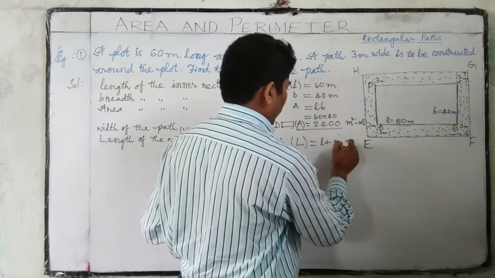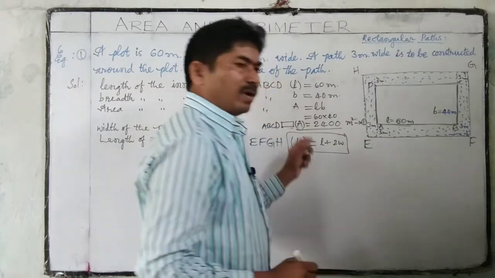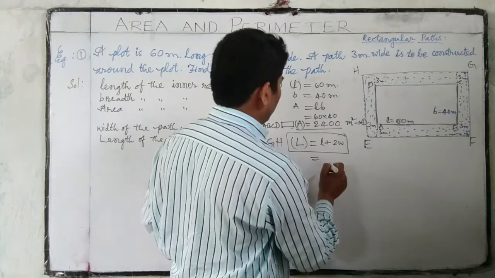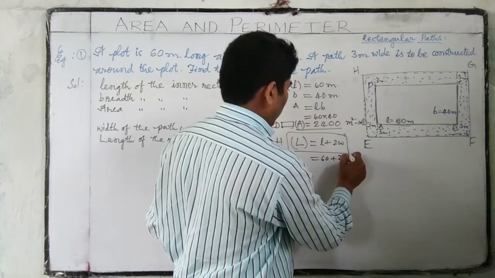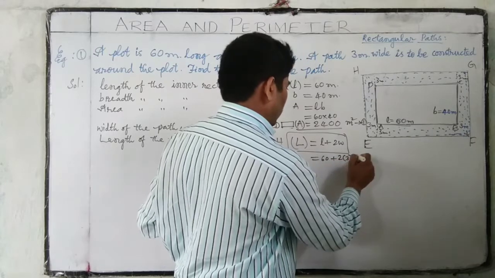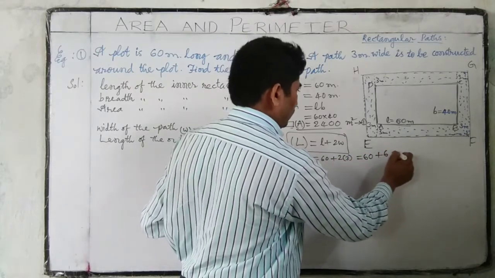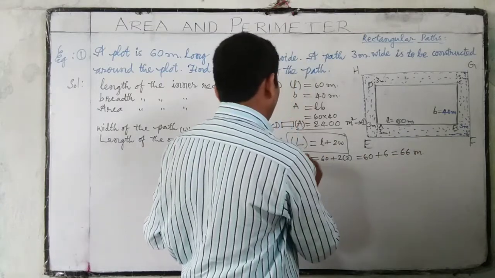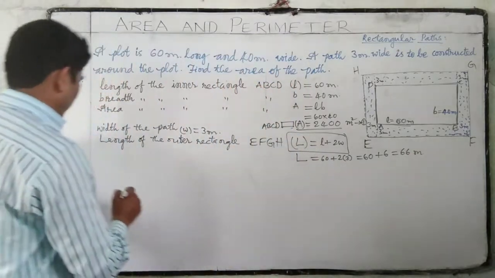So we have to add 2W to find the length of the outer rectangle. So that is equal to 60 plus 2 into 3, 60 plus 6, 66 meters. So this is the capital L, length of the outer rectangle.